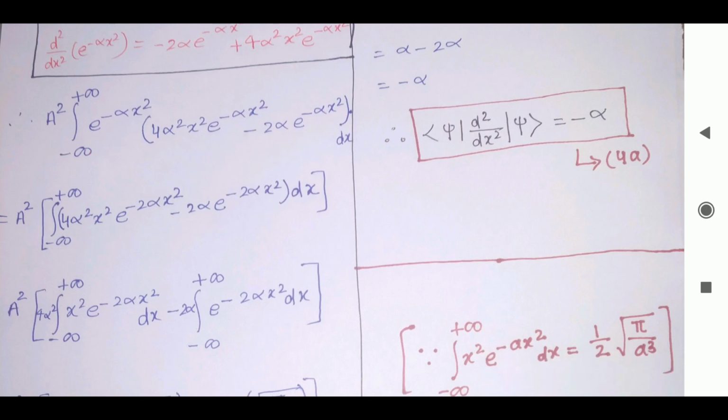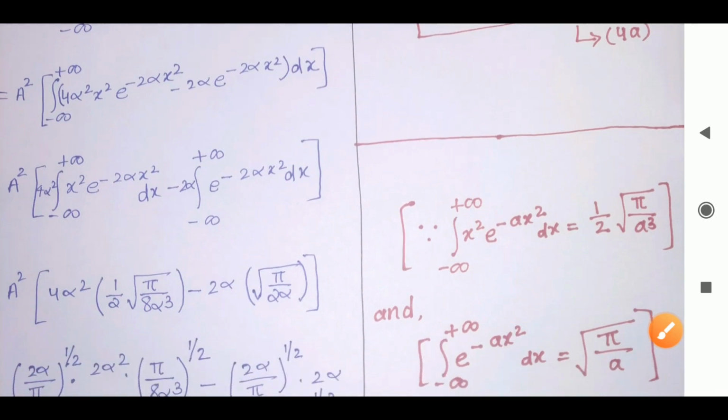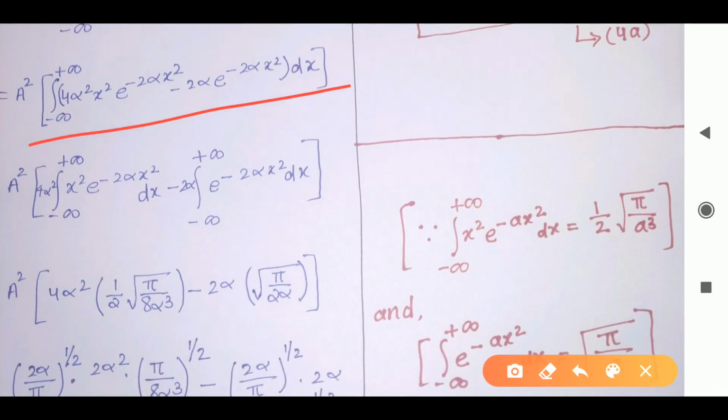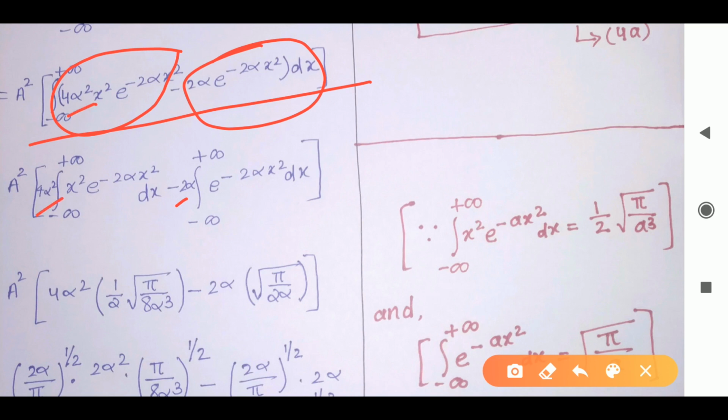Okay, now after this, we will solve this further to get the answer. Now this we can split into two parts, one in this part, another one in this part, and in between we'll get a minus sign. And here I have taken 4 alpha square as it is constant, we have taken outside, and 2 alpha I have taken outside as this is constant, and here inside we have this term e to the minus 2 alpha x square.